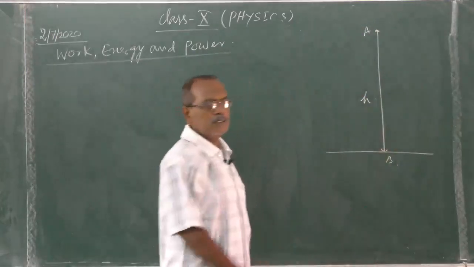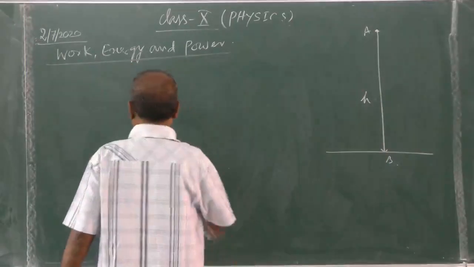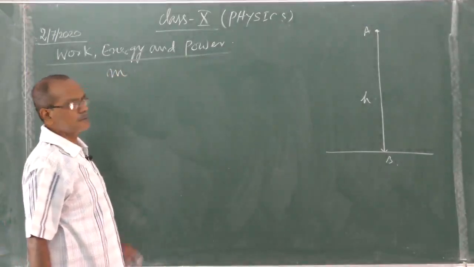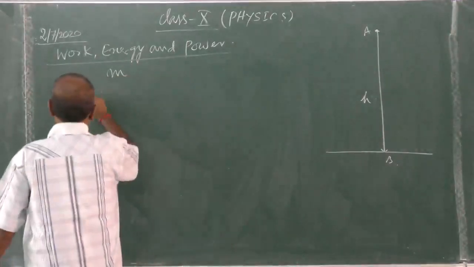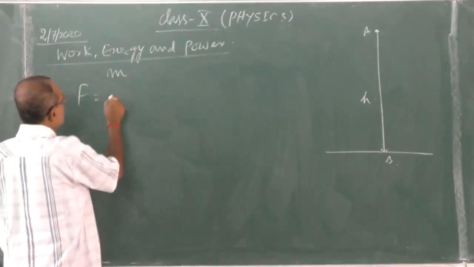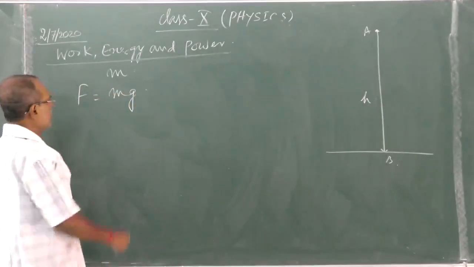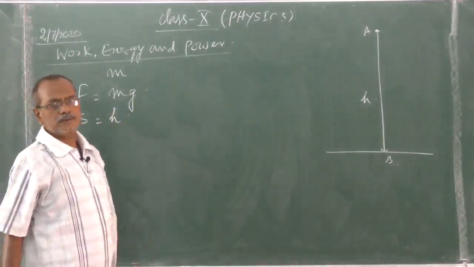to height h. The mass of the body is how much? M. The gravitational force acting on the body downward will be how much? F is equal to the weight of the body, that is equal to mg. Displacement is equal to what? The height.